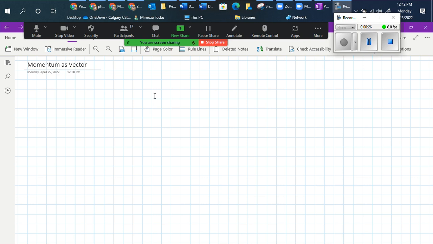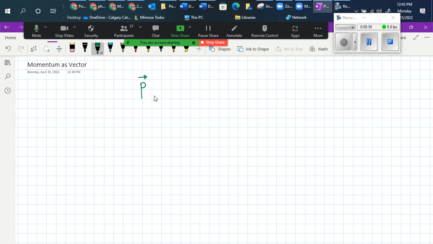Now, momentum, it is known that if the object has a mass and it is moving, it has momentum. So when we are saying momentum, momentum is a vector quantity because it is the product of mass and the velocity of the object that is moving.